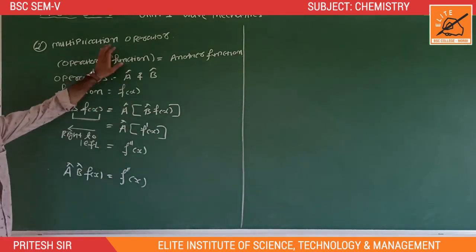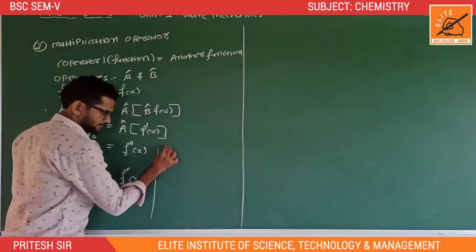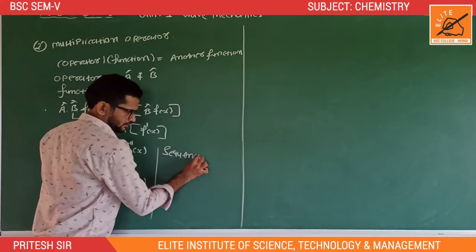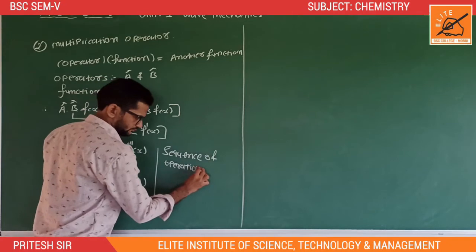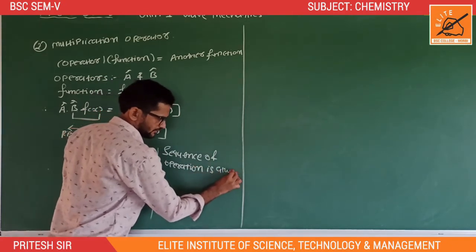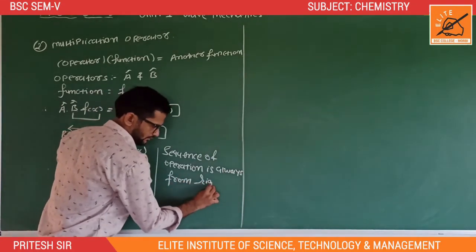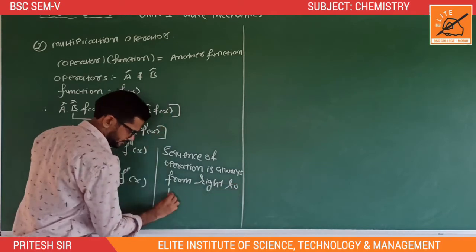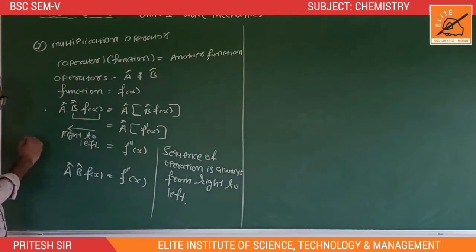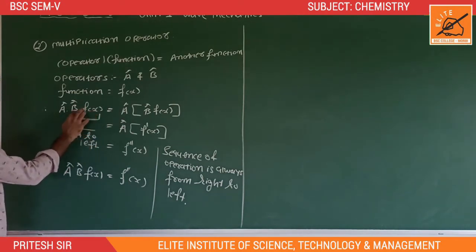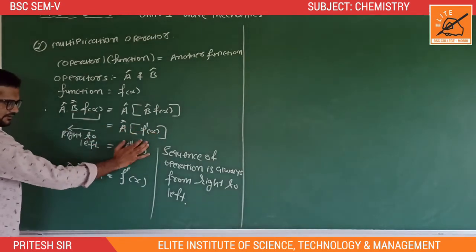So the main thing of the multiplication operator is the sequence of operation, which is always from right to left.